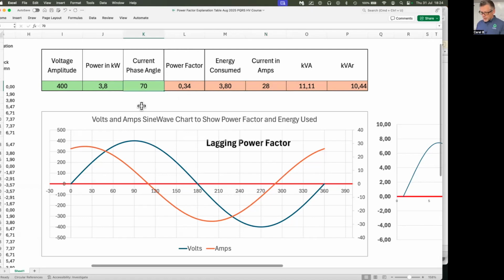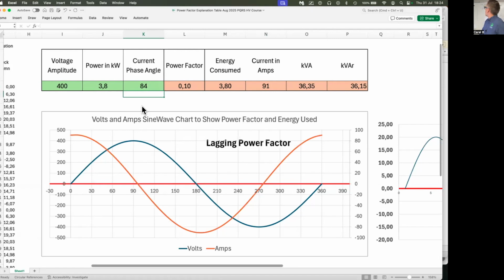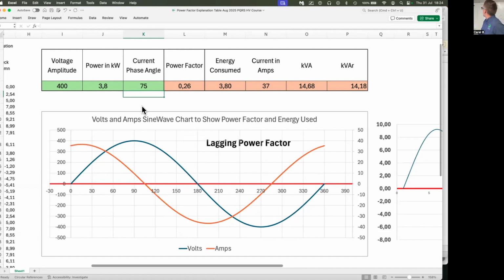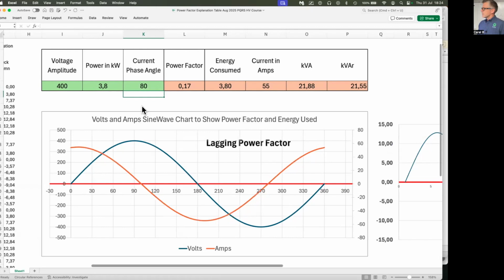If we make the power factor even worse, that steps it up to 91. It wasn't that bad. So let's make it 75. The amps we measured were 55. So the power factor at that facility was 0.17. Look at what's happening to the amps.